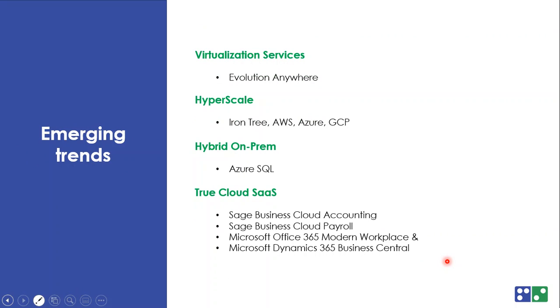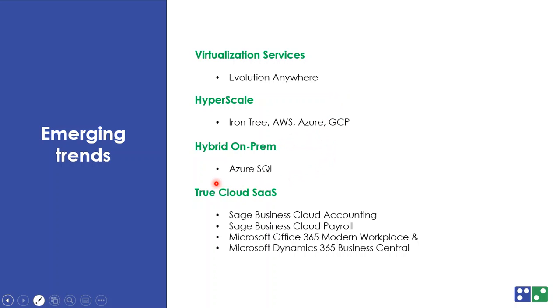Okay, so the emerging trends, and we've touched on these quite a bit. So Evolution Anywhere is the one where we spoke about, where it gives you a virtual network over the cloud. Then we've got Hyperscale Cloud, like AWS, Azure, and GCP.